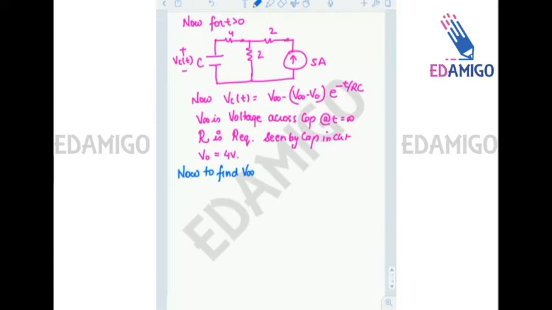Okay, so how to find this? We know that at t equals to infinity the capacitance will be at steady state, and at steady state it is open circuited, so it will give me V infinity, the voltage across capacitance. Okay, so capacitance is open circuited to find out V infinity.